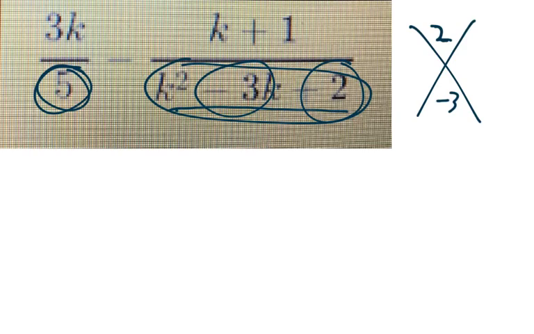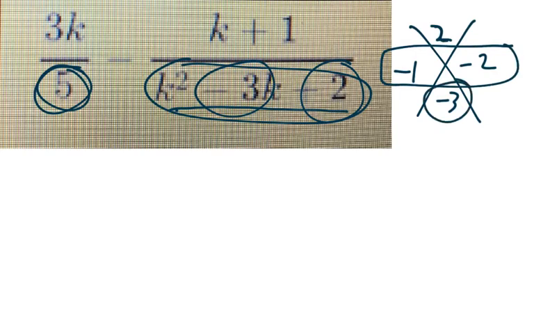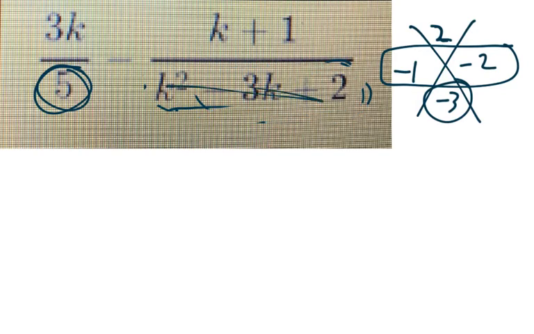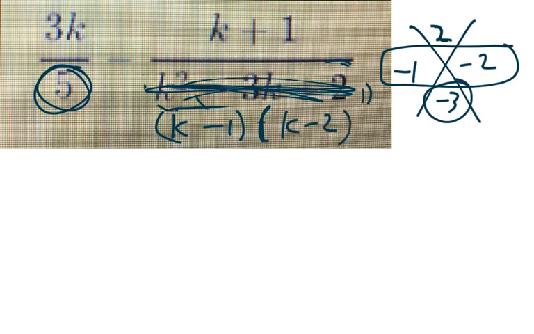So that would be what? -1 times -2, right? -1 plus -2 is -3. So I now know that this right here is really k minus 1 times k minus 2.